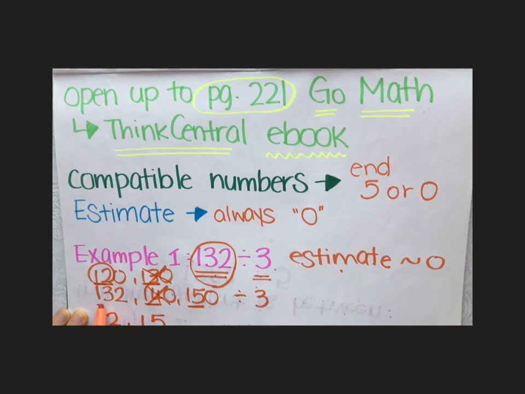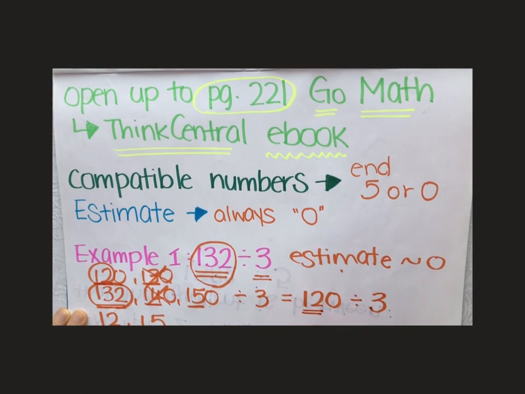Now, is my 132 closer to 120 or closer to 150? Because my number 132 is closer to 120, I am going to use 120 instead of 150, and I will divide by 3.